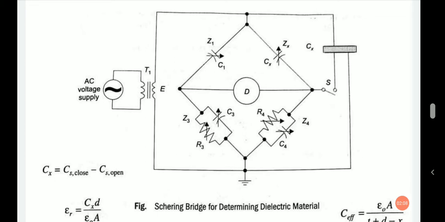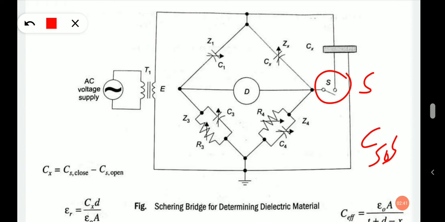It can be seen from the figure that a switch S has also been included in the circuit. This switch is opened when the balance is attained first. At this instant, the value of Cs is measured and noted as Cs open.